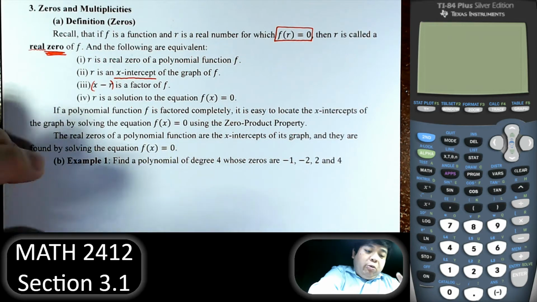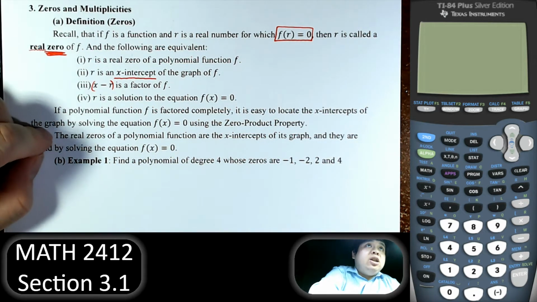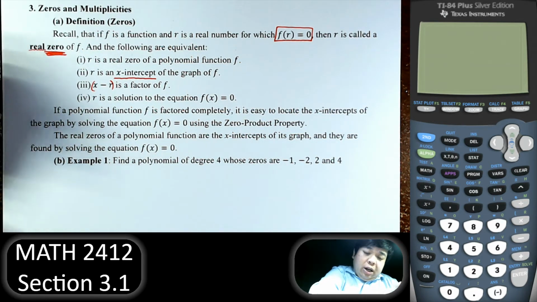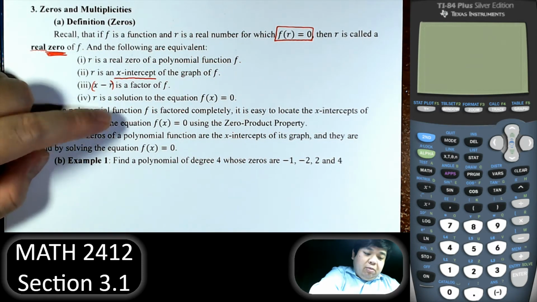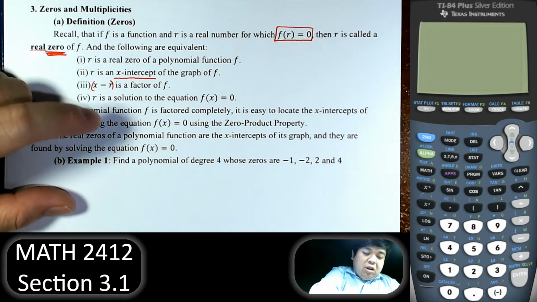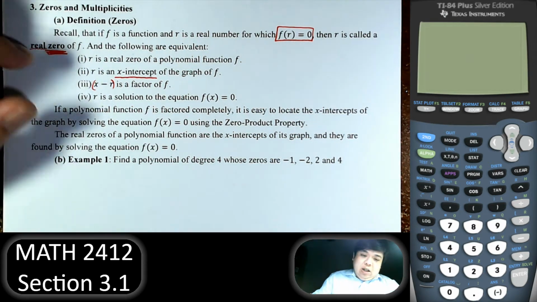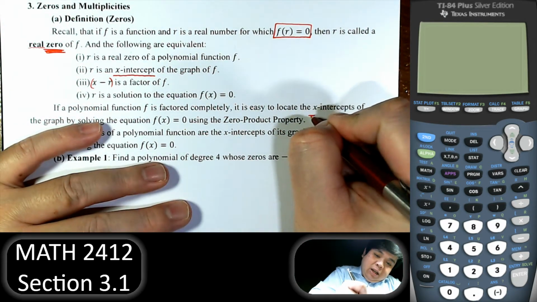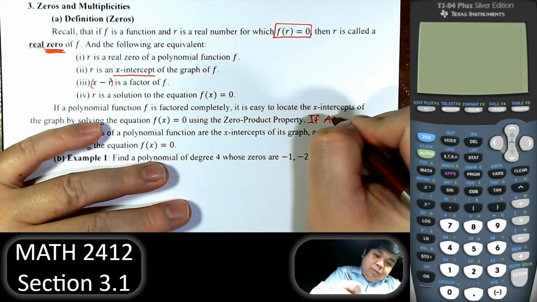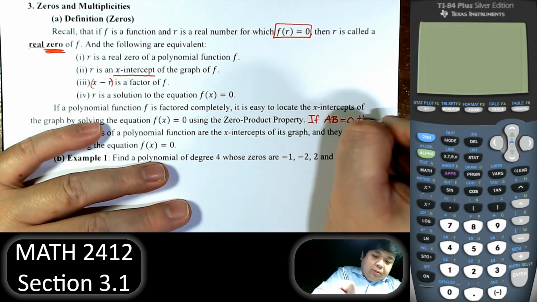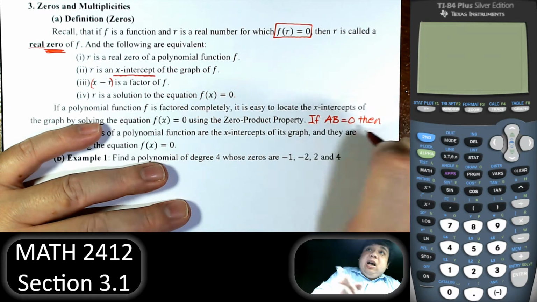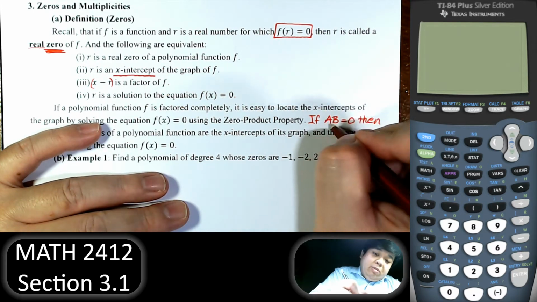If a polynomial function is factored completely, it is easy to locate the x-intercepts of the graph by solving the equation using the zero product property. The zero product property means that if the product is 0, then at least one of the factors is 0.